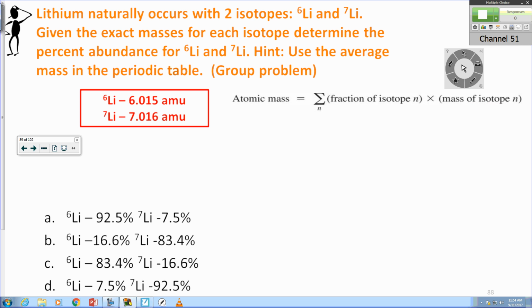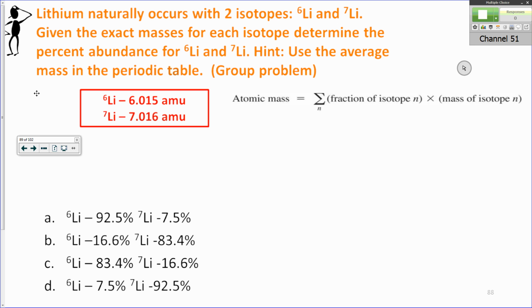I gave you the formula. I want to know what the percentages are for the lithium isotopes. It's the same problem I just put on the board. See if you can work through that and try to set the math up.